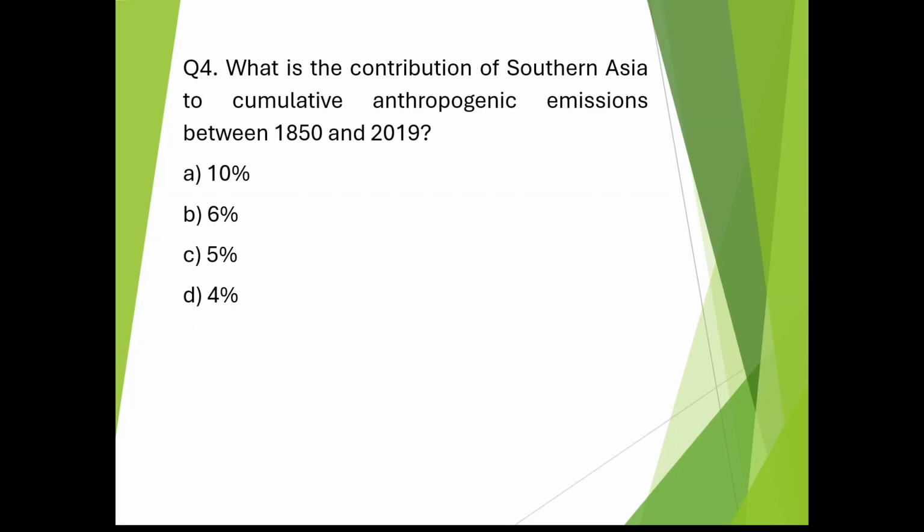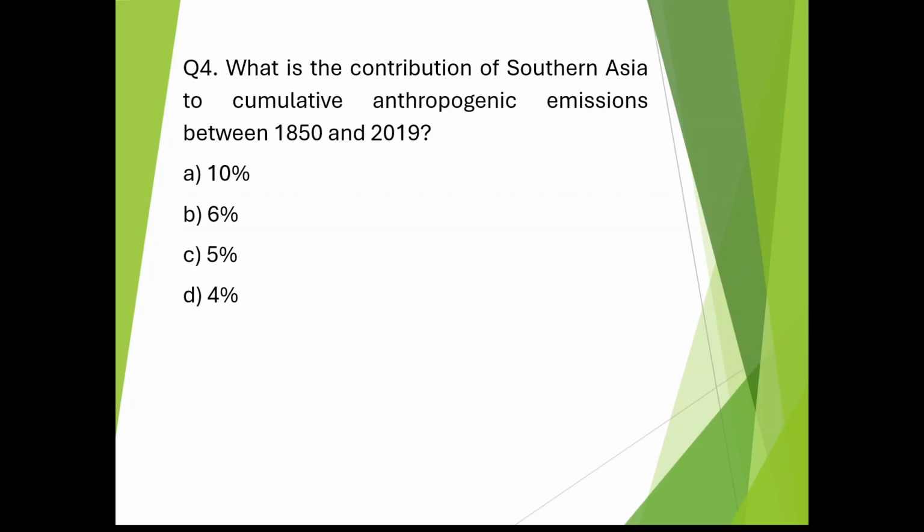And for this, you can parallelly open slide 11 of lecture 4 and recall from there also. In slide 11 of lecture 4, it was discussed. So, what is the contribution of Southern Asia to cumulative anthropogenic emissions between 1850 and 2019? Choose the most appropriate answer.